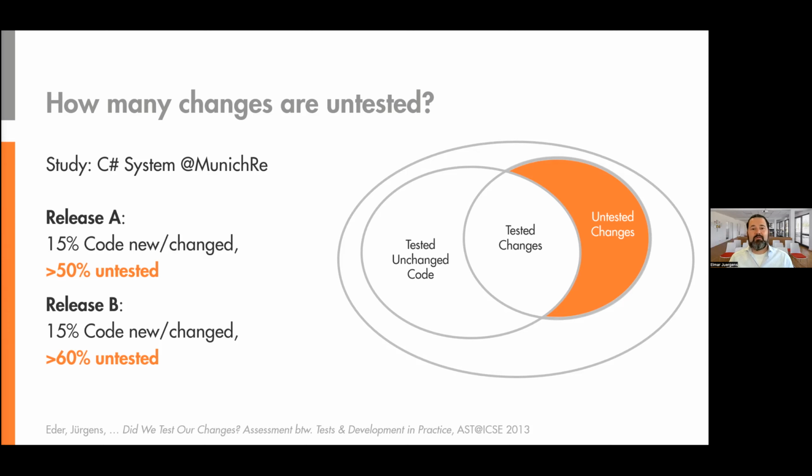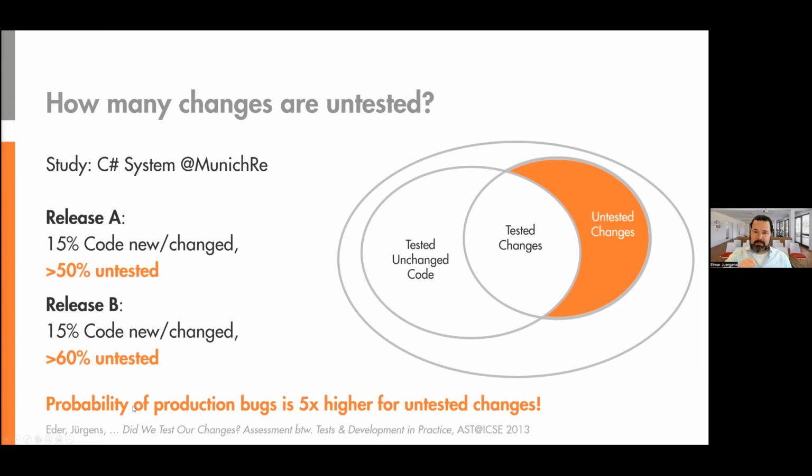And then for months after each release, for every single bug that was reported by its users, we together sat down with the developers and traced the bug to the method it occurred in. And we did that for a year, and in the year there were 2 releases. And in both releases, 15% of the existing code base was changed or added. And in the first release, half of the changes slipped through testing untested into production. In the second release, 60%.